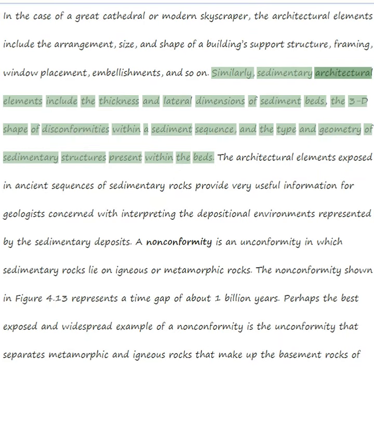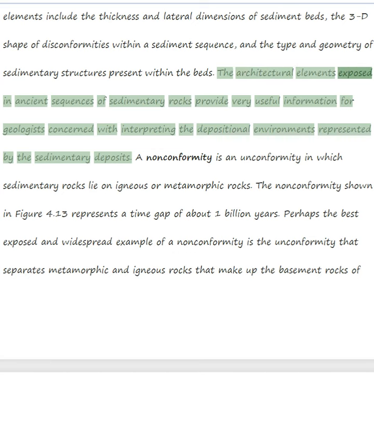Similarly, sedimentary architectural elements include the thickness and lateral dimensions of sediment beds, the 3D shape of disconformities within a sediment sequence, and the type and geometry of sedimentary structures present within the beds. The architectural elements exposed in ancient sequences of sedimentary rocks provide very useful information for geologists concerned with interpreting the depositional environments represented by the sedimentary deposits.